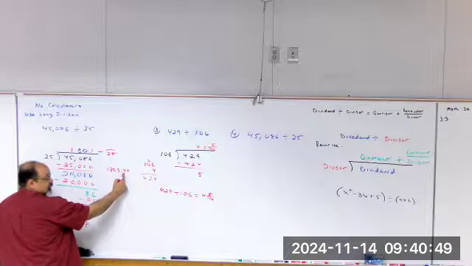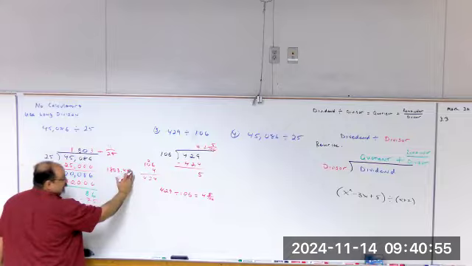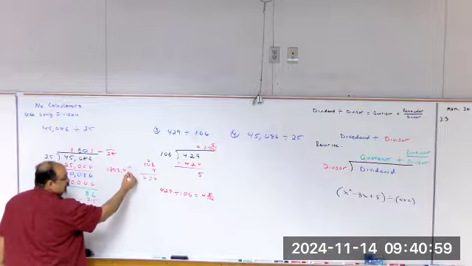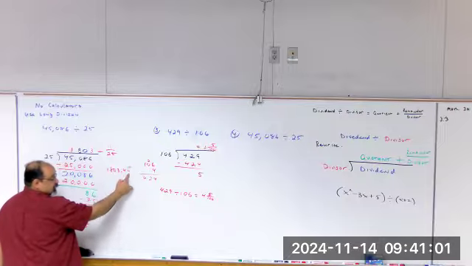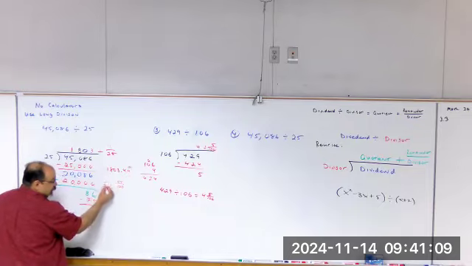This is tenths, this is the hundredths, where the pennies are. So this is 44 over 100, which means 11 over 25.